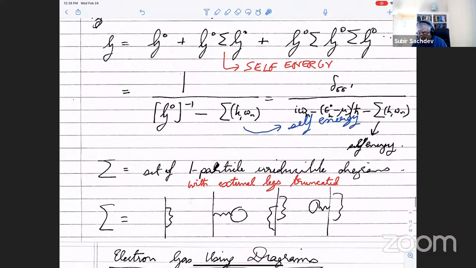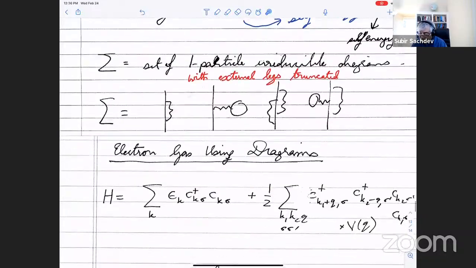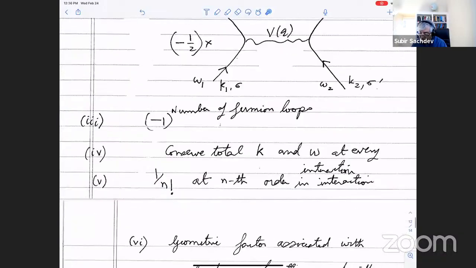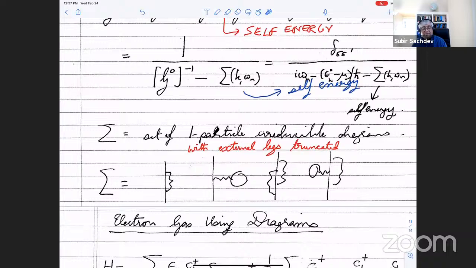So finally, we have reduced the number of diagrams. How many diagrams did we have? First of all, we got rid of the disconnected diagrams. Let's forget those. Then we had 2 diagrams at first order and 10 diagrams at second order. Then we said we only took out one particle reducible diagrams.